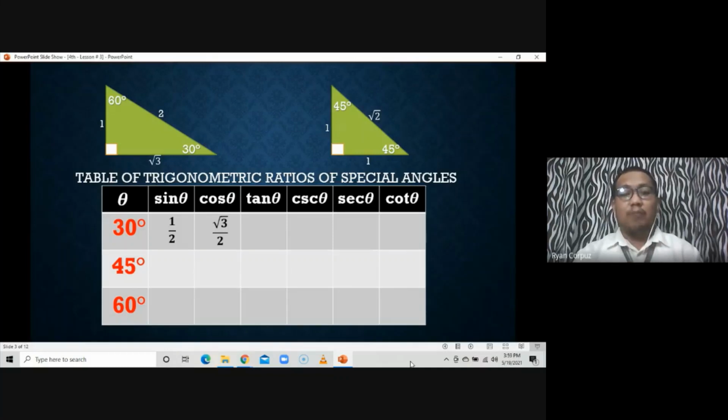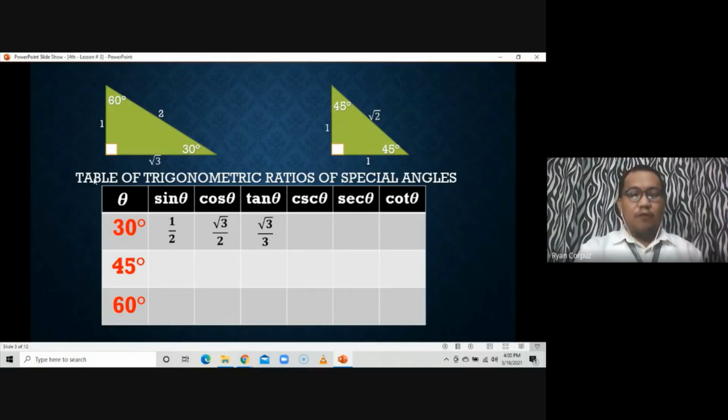On the numerator, 1 times square root of 3 is square root of 3. So the answer is tangent 30 degrees equals square root of 3 over 3, instead of 1 over square root of 3, because a radical in the denominator is not yet simplified unless we remove it by rationalization. Then, cosecant, secant, and cotangent.